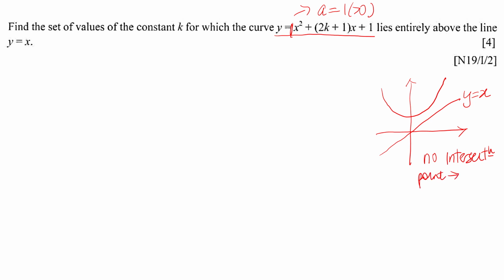If you were to recall the earlier slide, it means no real roots. And so no real roots or two real and distinct roots, that kind of thing, is determined by the value of b squared minus 4ac.